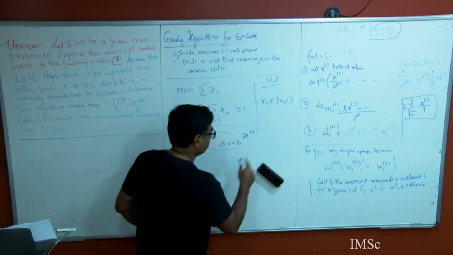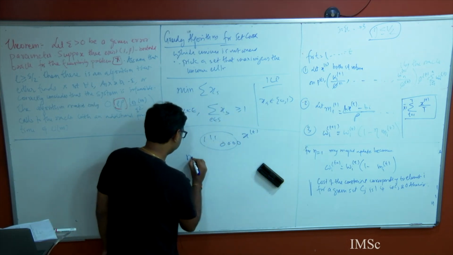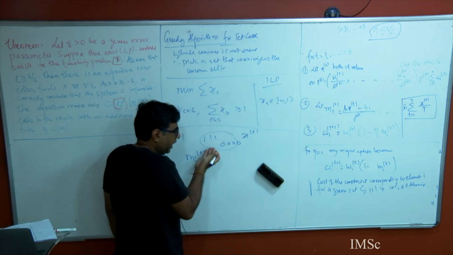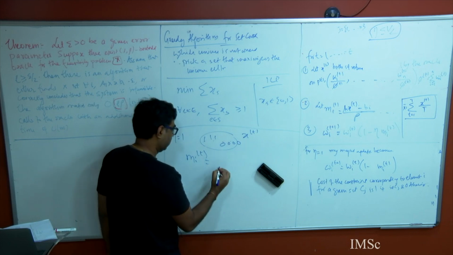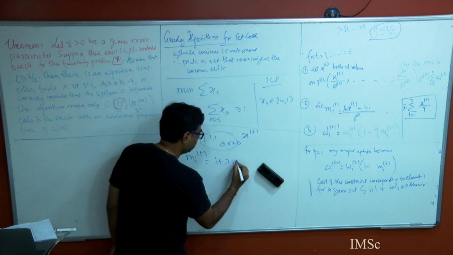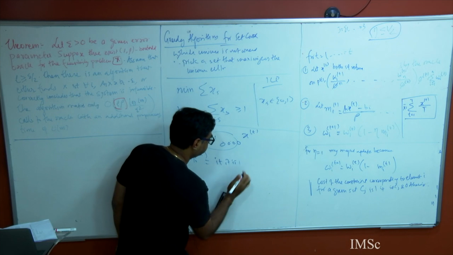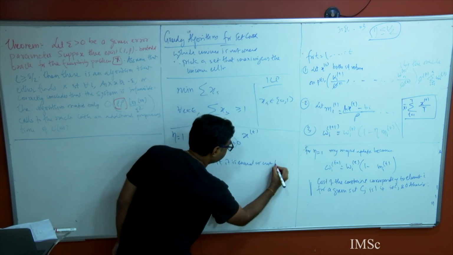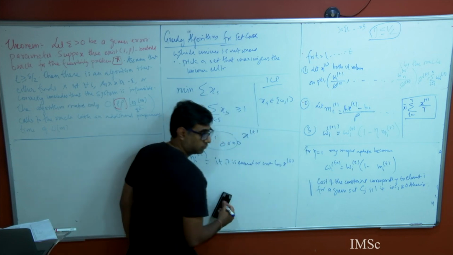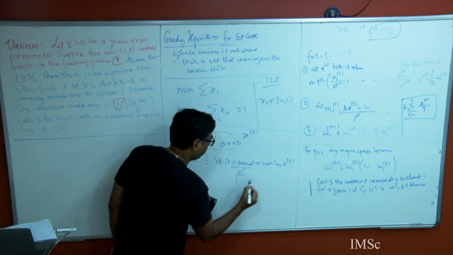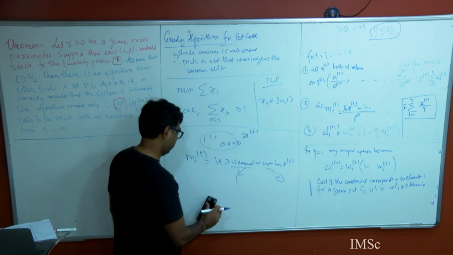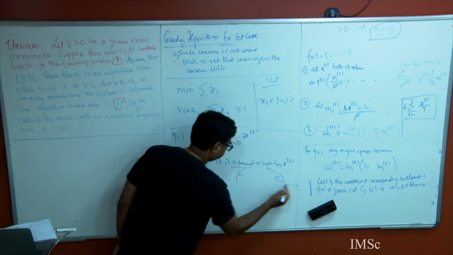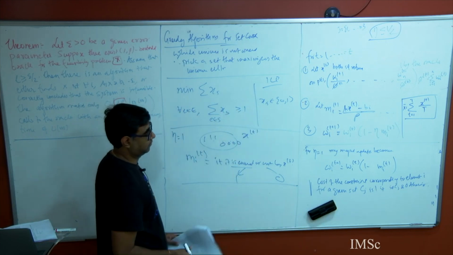So what will be the cost m_i of t? I look at whether it is covered or not by x of t. Covered means 1, not covered means 0. That's it. This is my cost.